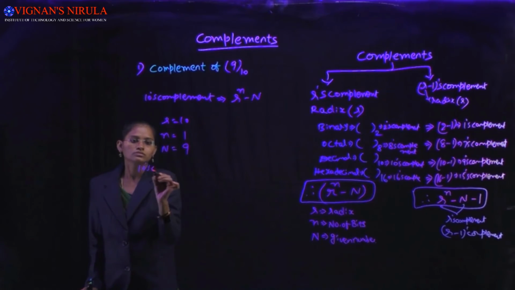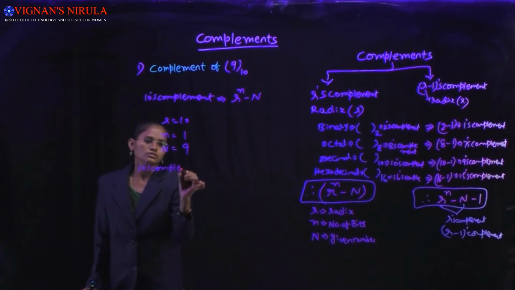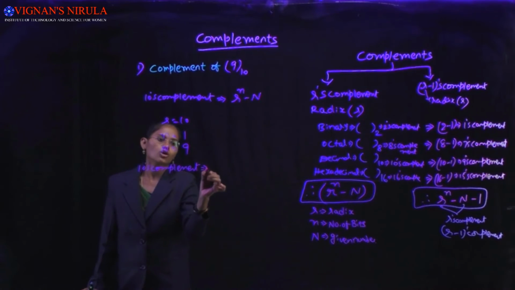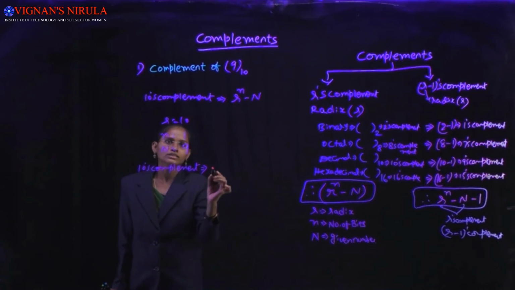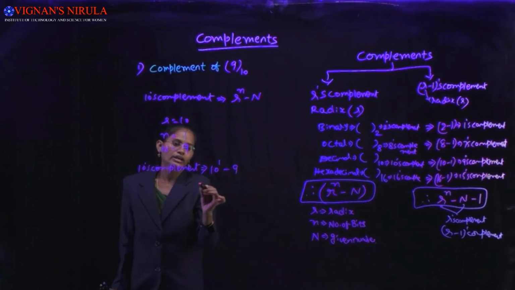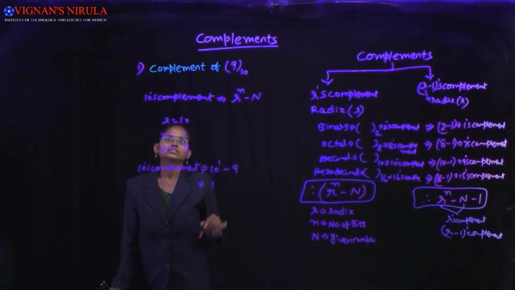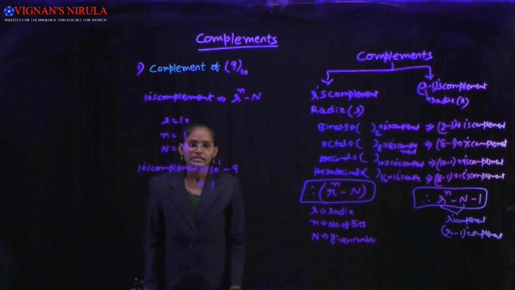Substitute: 10 power of 1 minus 9. 10 minus 9 is 1. This is the tens complement.